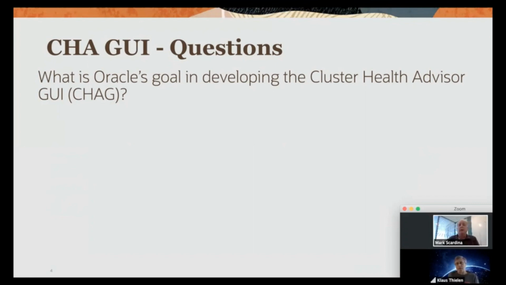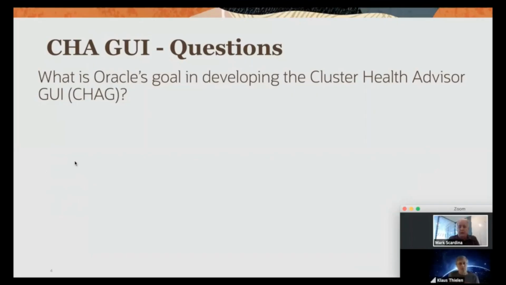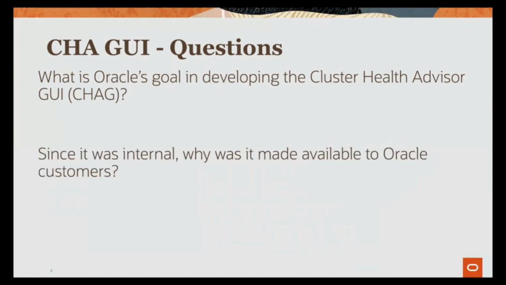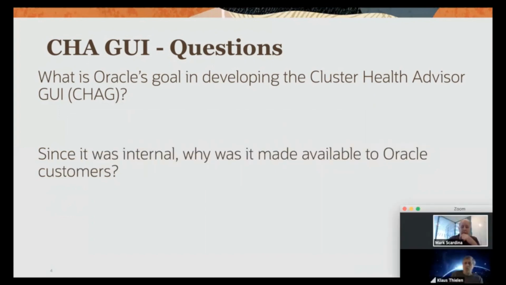I see. So you're saying it was initially developed for internal use then? Yes, it was. Okay, so if that's the case, why is it now available for customers to make use of? Sometimes when you get a result from a machine learning algorithm, you would like to know the reason behind it.